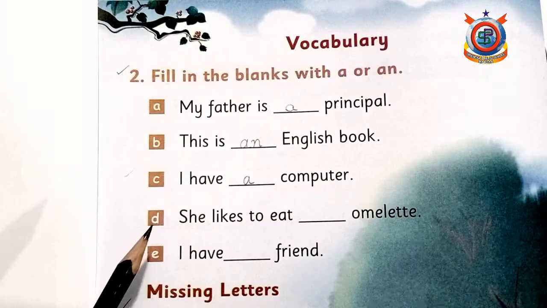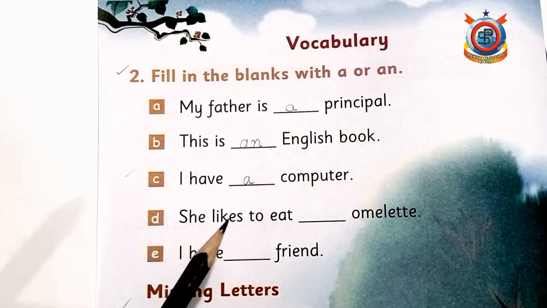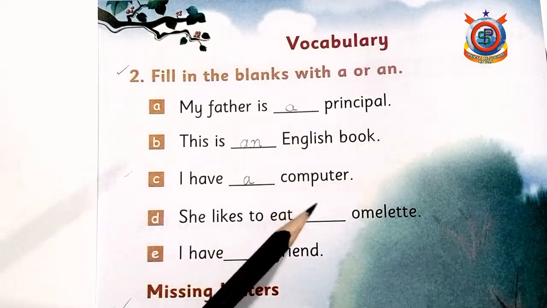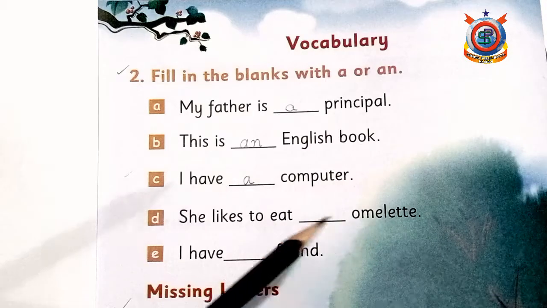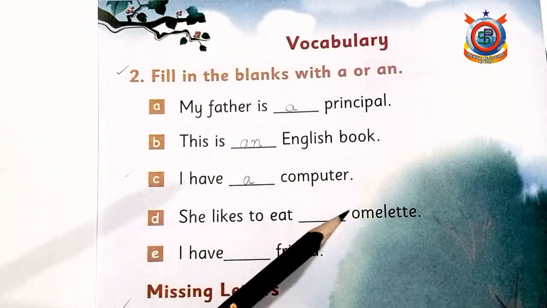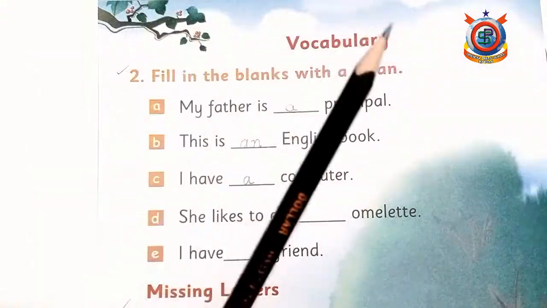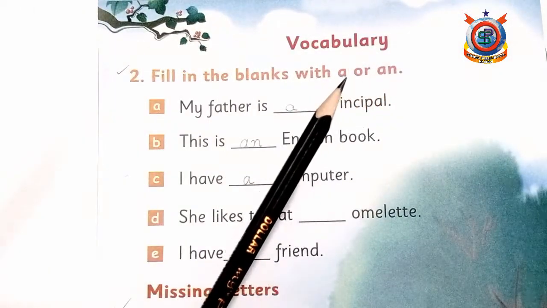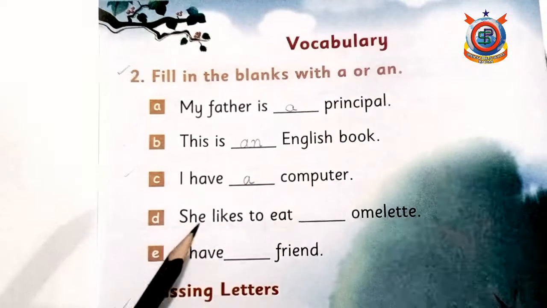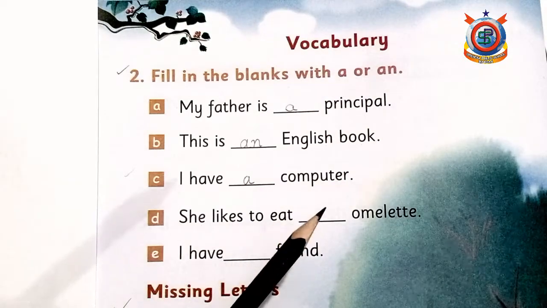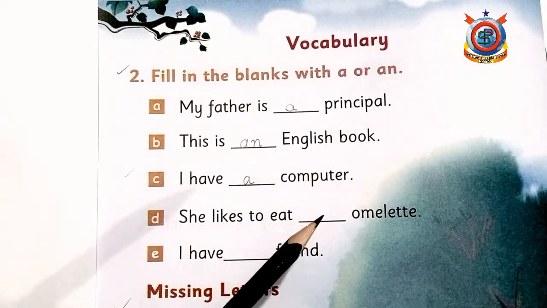Now moving towards part D. She likes to eat blank omelette. Which one is the correct answer, A or N? She likes to eat an omelette. Very good.